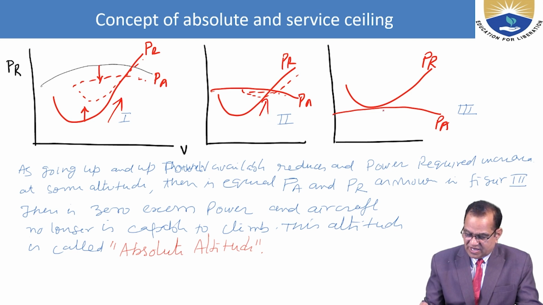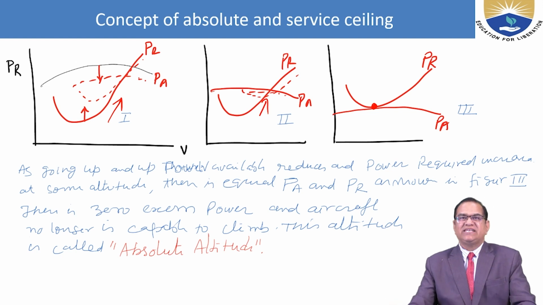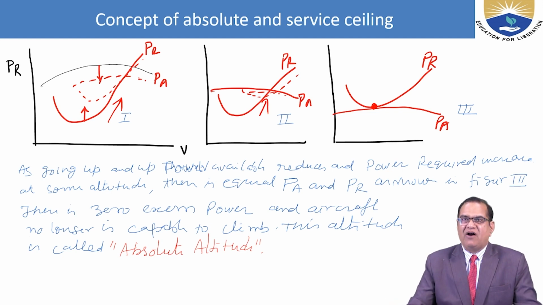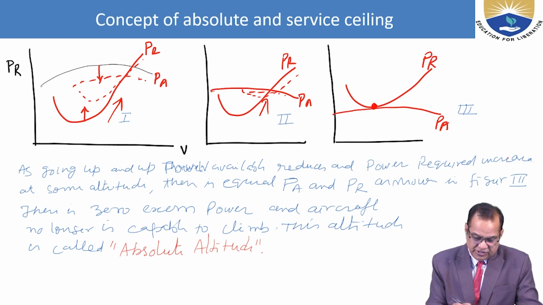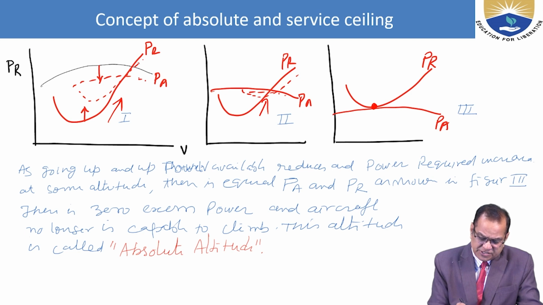You see it is going up, and sometimes you will reach like this. As going up and up, power available reduces and power required increases. So this PR is going up and up. It was here, now here, and now here. And this is falling down, and falling down.